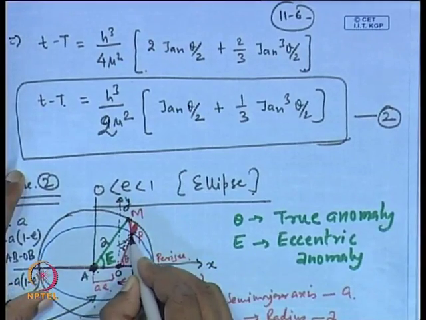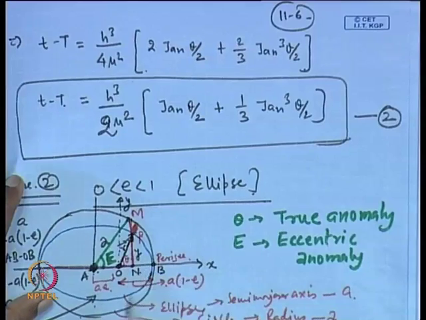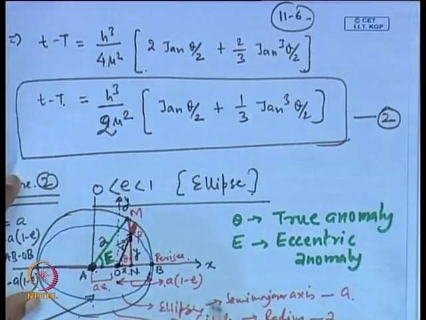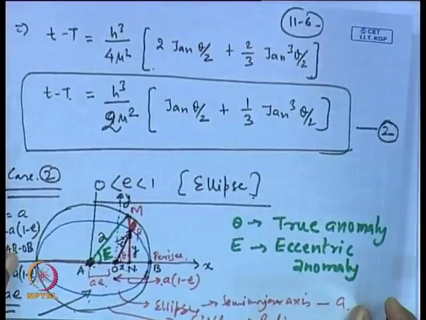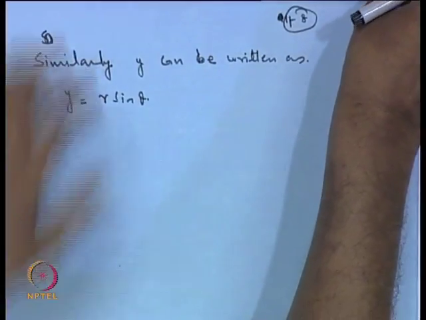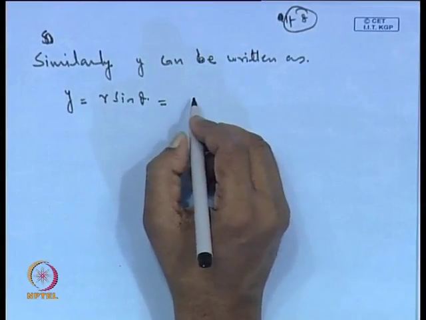From here to here this vector is r, therefore, this is our y and this is x. So, y becomes r sin theta.